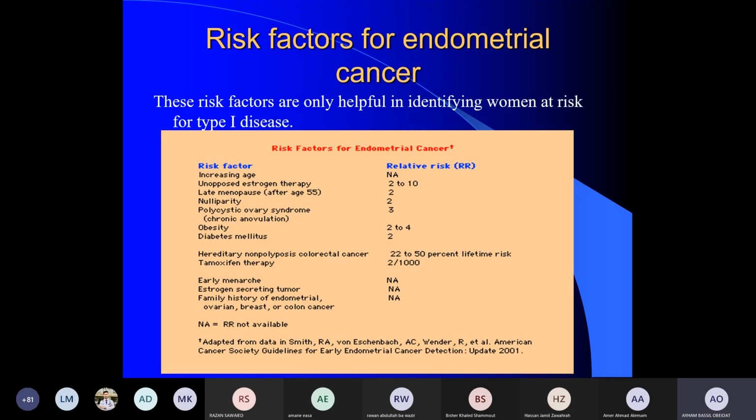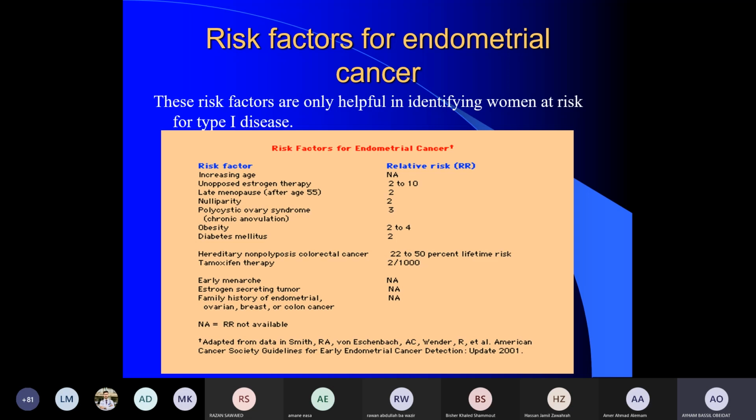Typical risk factors for endometrial cancer: you will see obesity, higher age group, patients with polycystic ovarian syndrome, patients with diabetes, patients receiving tamoxifen for breast cancer, and exogenous estrogen, patients receiving hormone replacement therapy.